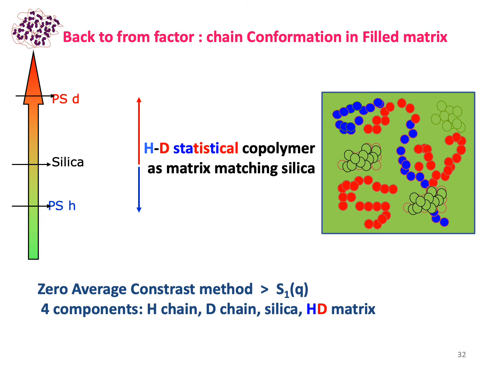So the silica are hidden. Moreover, we add to this mixture some normal chains and some deuterated chains of the same molecular weight, and by symmetry, the only remaining term in the scattering is the form factor of the chain.